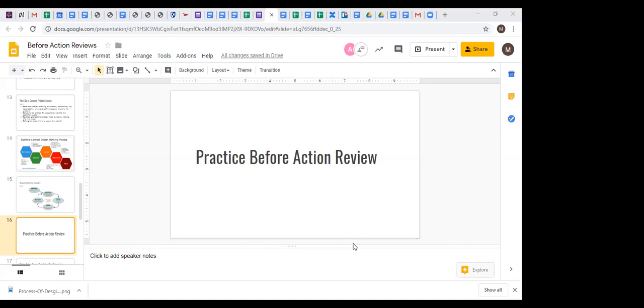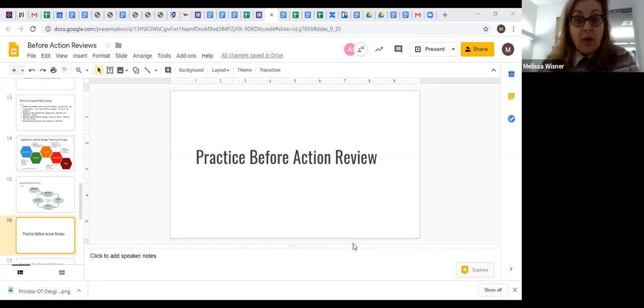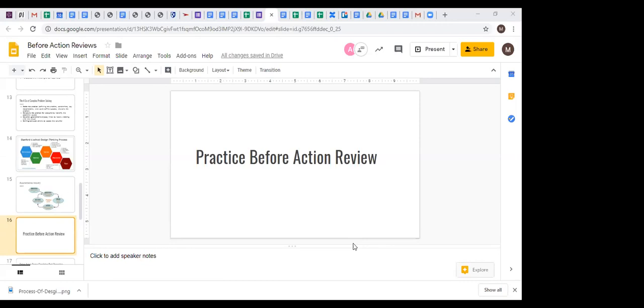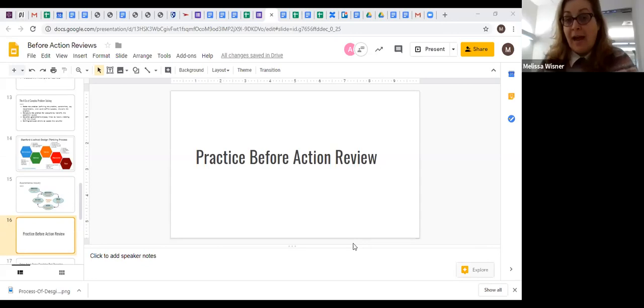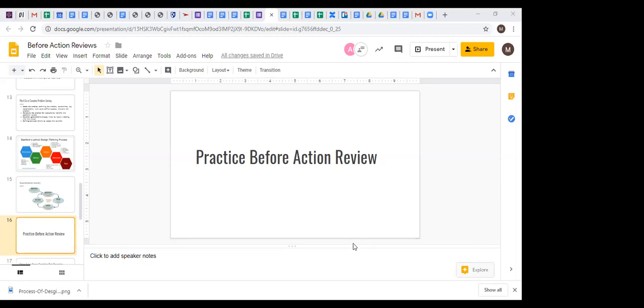Would you recommend the BAR in a separate meeting before? Yes, absolutely. I would recommend having the BAR in a separate meeting before you begin to discuss the new workflows. A couple of reasons, and again, other folks, if you have reactions or thoughts to this, please feel free to share.